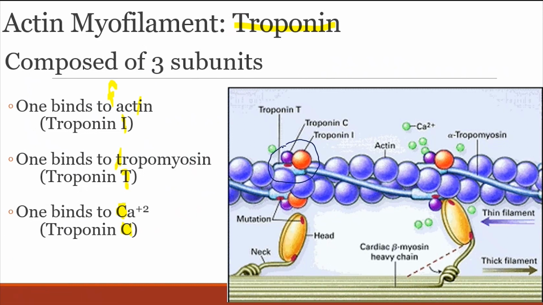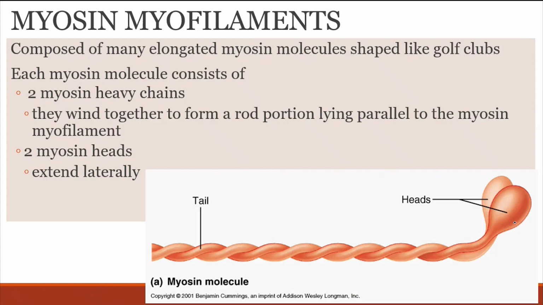You've got your T, your I, and your C, if you want to try to remember what those letters are. You can see that the calcium is not bound, so we don't have cross bridge formation. But you can see in this one, it is bound, so we do have cross bridge formation. So the myosin is now able to bind to that actin.